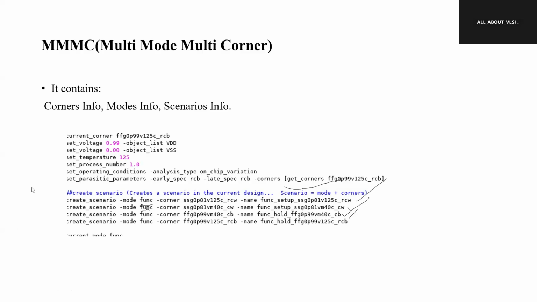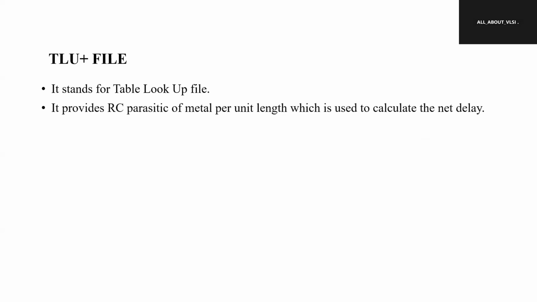Okay, and after that we have another file, the TLU+ file, table lookup. It stands for table lookup file. It contains the complete information of parasitics and capacitance, resistance values, RC parasitics of metal layers.